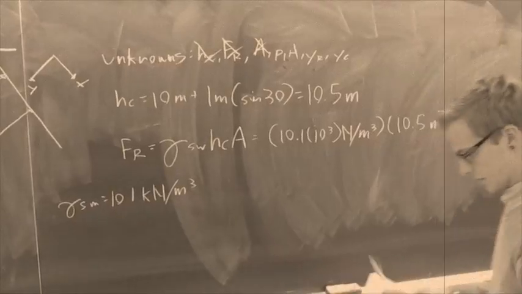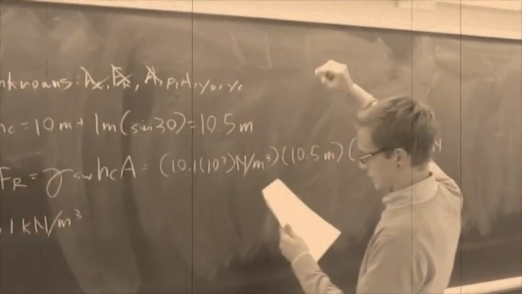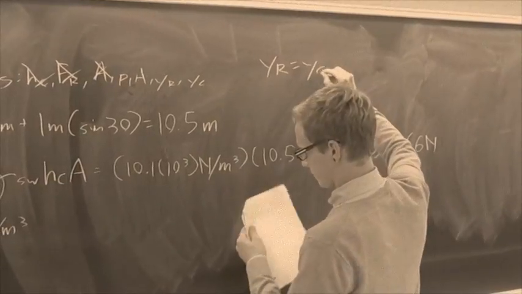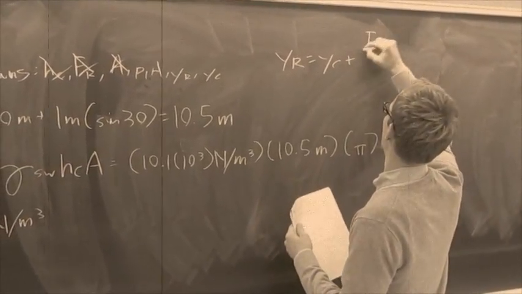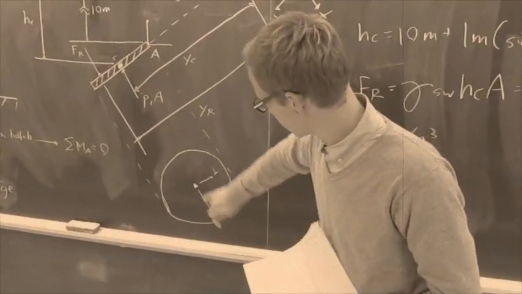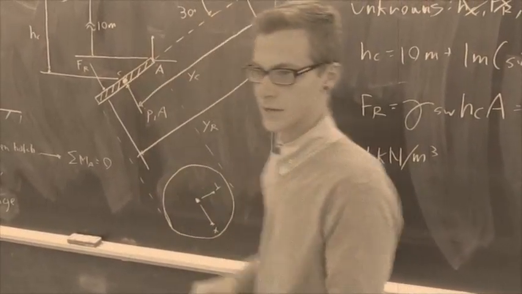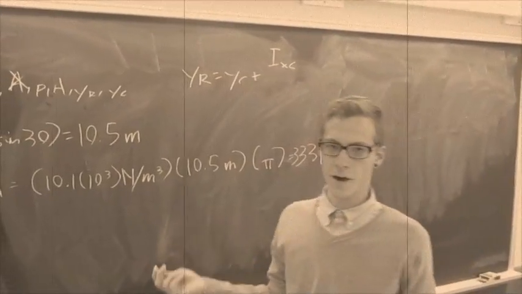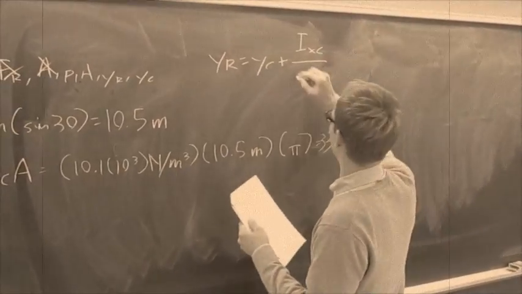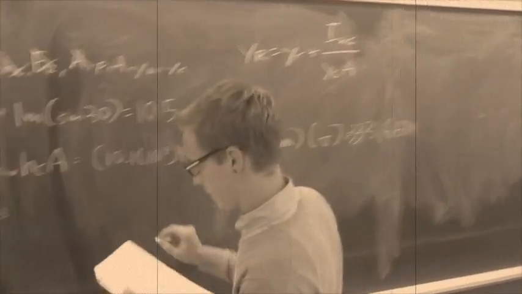So let's move on to Yr and Yc. Alright, the equation for Yr is given as Yr equals Yc plus IXC, the moment of inertia about the x-axis, because if this hinge is going to rotate, it's going to rotate about that axis when it swings up at the hinge at A. From a circle, no matter where you orient it, it's going to be the same, but that's how you know it's about that axis. Then divided by Yc times A. So for this, we need to know Yc.